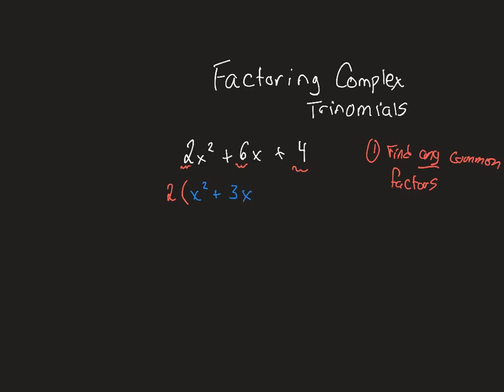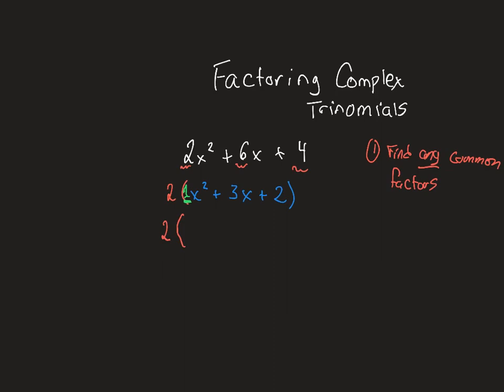plus 3x plus 2. Well, when I look at it now, there's no number beside x squared, so we'd assume that that is a 1. So this is really just a simple trinomial in disguise, in which case we would just do the same strategy we did before, so that 2 stays outside.